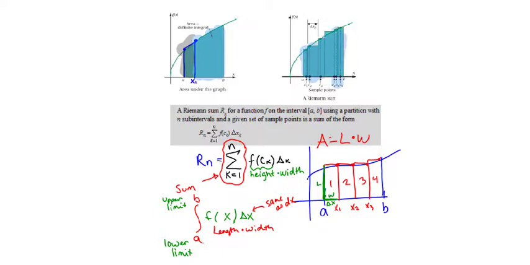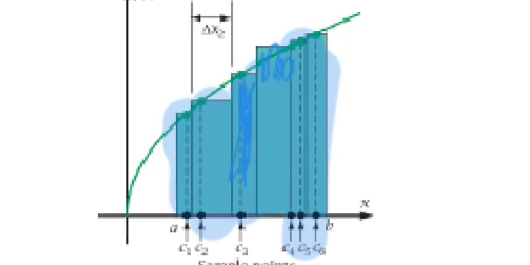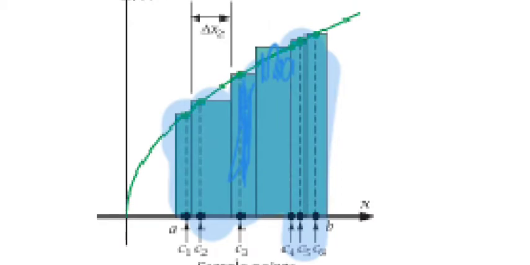So you notice that we have rectangles, and because we're using rectangles, we're going to get two types. Over here, it seems that this rectangle is going to be an overestimate, and then over here, this rectangle seems to be an underestimate. Let me zoom in on that. The reason why this rectangle, and let me also use a thicker pen, the reason why this rectangle will be an underestimate is because most of it is underneath the graph.